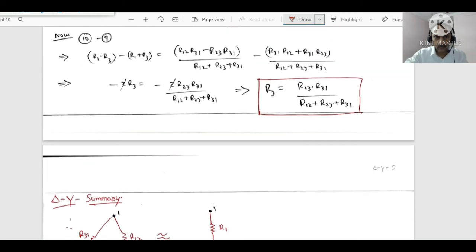Similarly, now 10 minus 9, this 10 is R1 minus R3, minus 9 is R1 plus R3, equal to, from 10 you cancel out, 2 cancels, you take out the LCM, and we will get R3 as R23 into R31 whole divided by, the denominator is same for all the cases, R12 plus R23 plus R31.